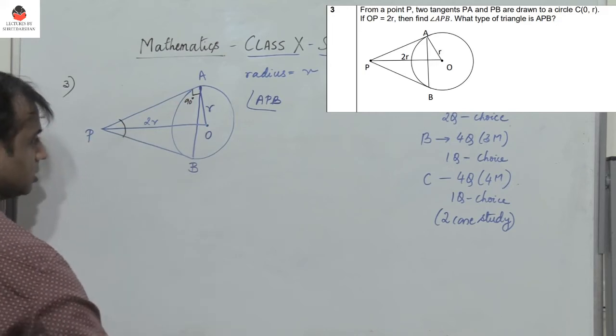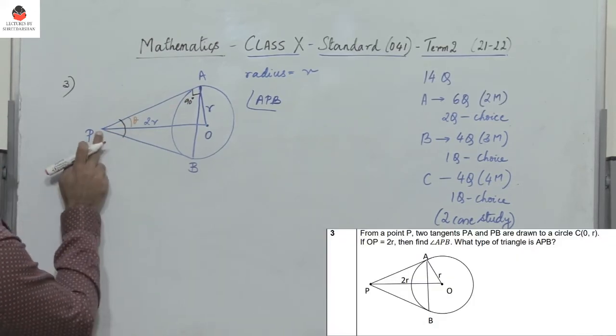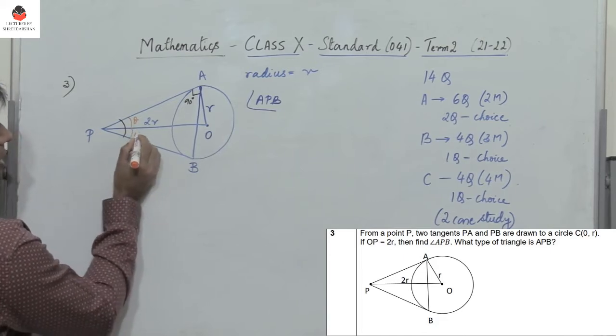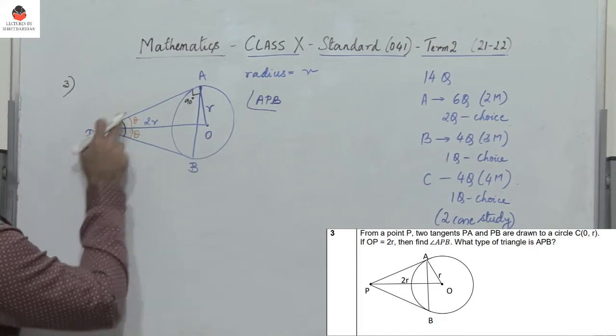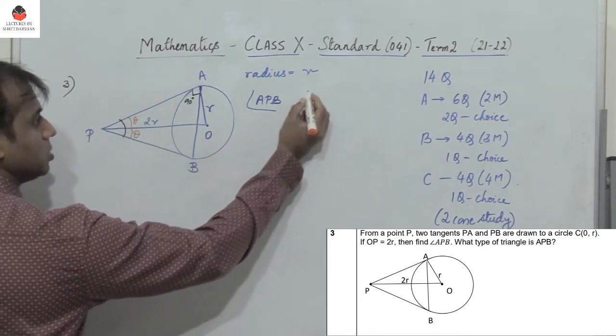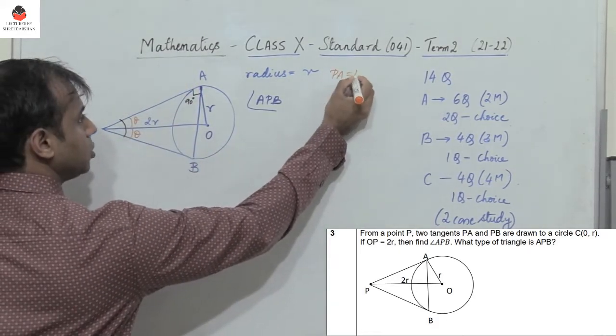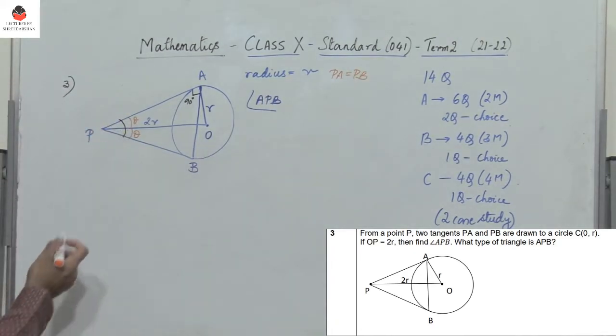Now if this is theta, then this also will be theta, because we know that from a given point the tangents PA will be equal to PB. So PA is also equal to PB. So therefore the two angles are equal. So this is theta, this is also theta.